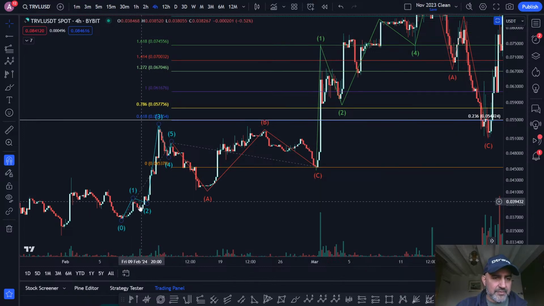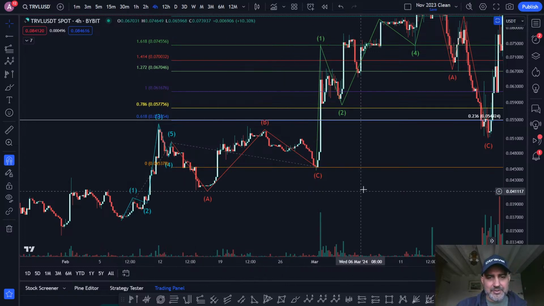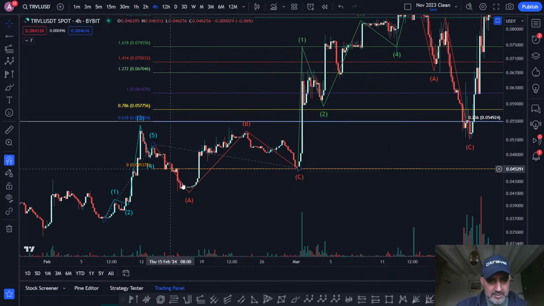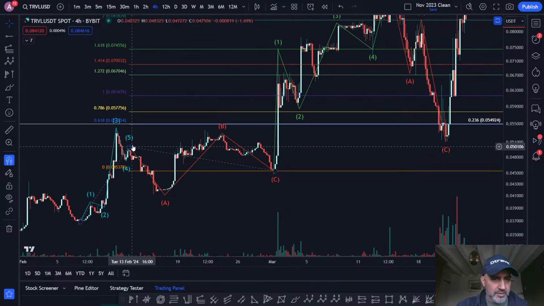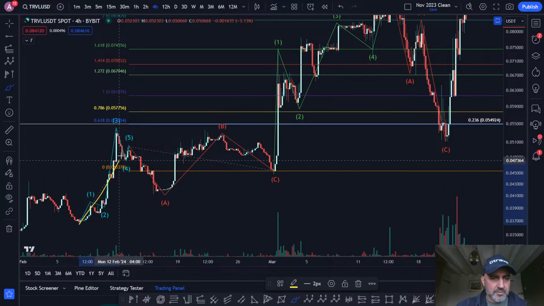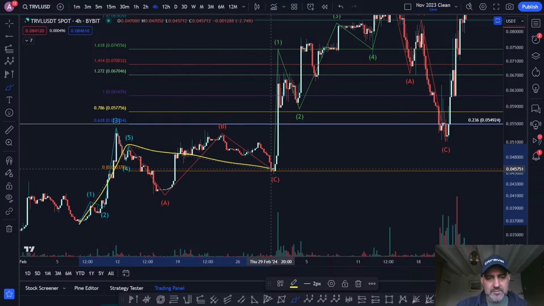You've got to count the waves, and then you have this ABC, and so that's where it goes. So you're going from the 0 to the 1, that's the 0, that's where the 5 ends, that's the 1, this is where the ABC ends, and that's where the 2 ends, and then you begin your 3.